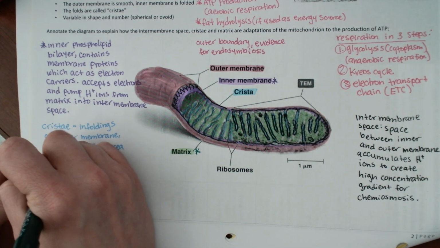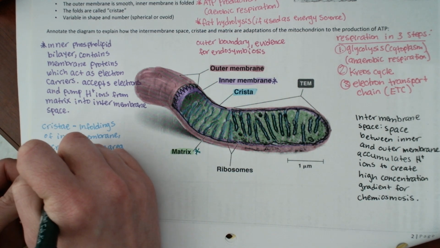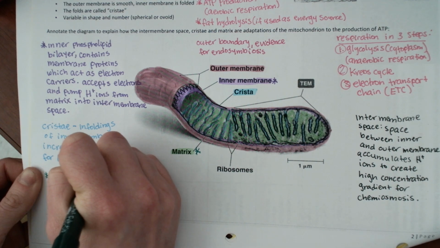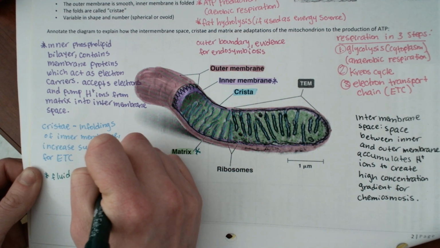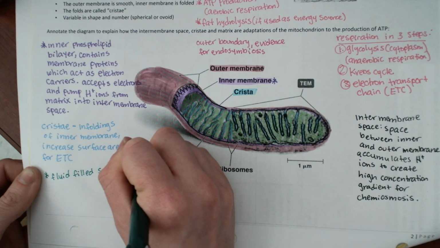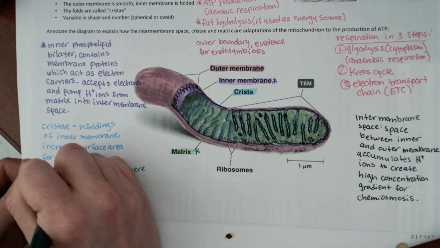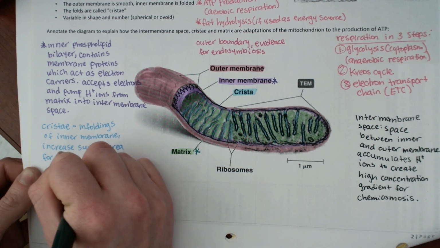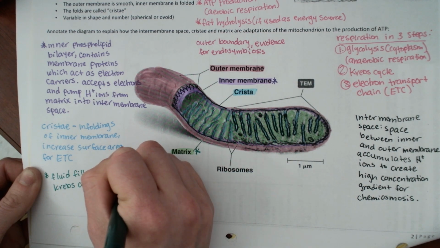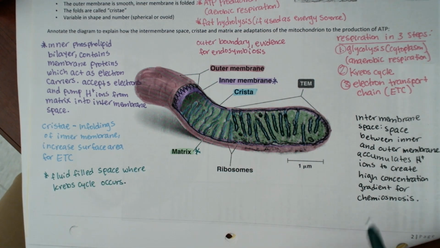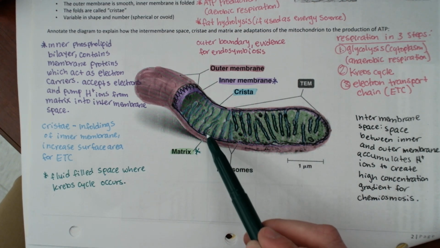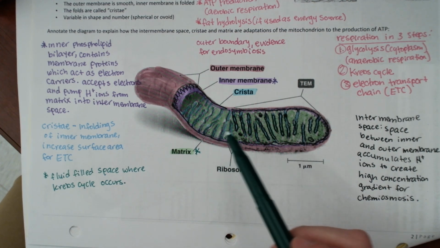So the matrix is just the fluid filled space where Krebs cycle happens. Notice that having your second step and your third step right next to each other, that's a big adaptation.